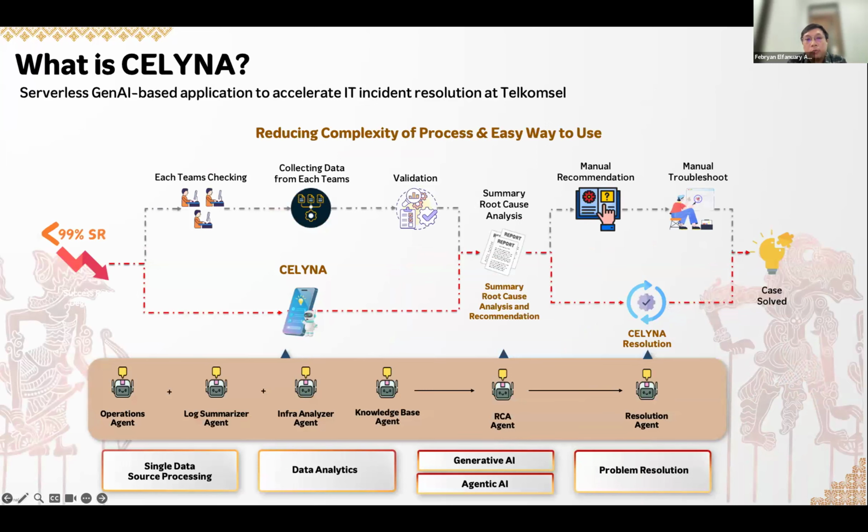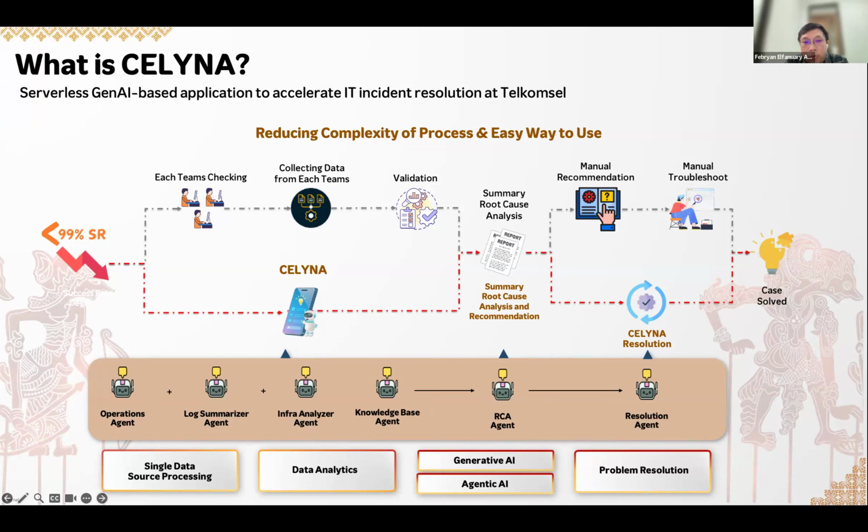So we answered it with Selena. Selena is a serverless GenAI-based application that helps to accelerate IT incident handling at Telkomsel. Selena provides root cause analysis summaries, and it is near real time. We can see in the previous process without Selena, above, when an application success rate degrades below 99%, the operation team will initiate a war room meeting and contact the application team, and then the other teams involved in the application will join.